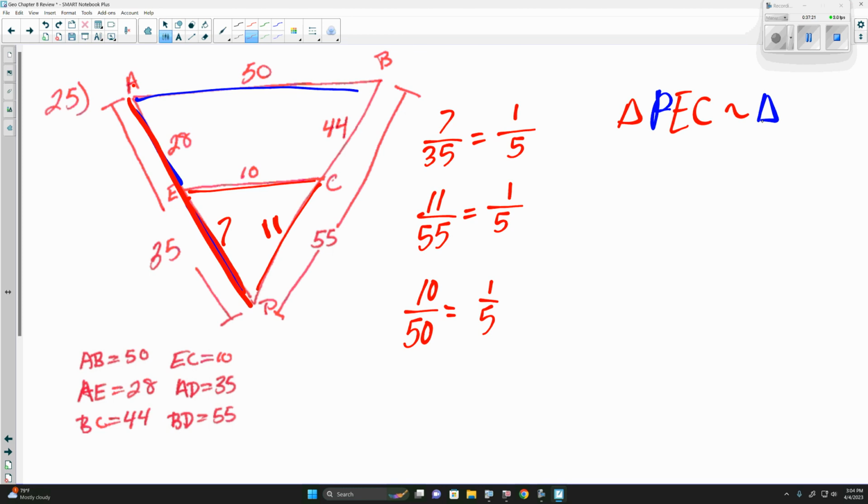Is similar to PAB. That's it. As long as it follows the same path, that's all that matters. Questions on these here? Any other one on 23 through 28 do y'all want to look at?